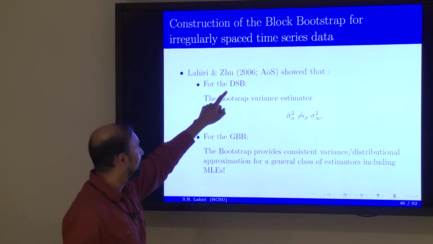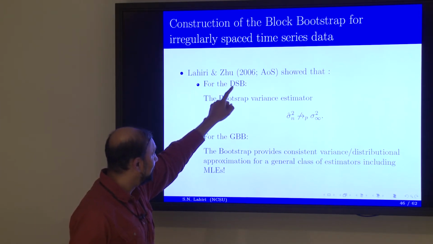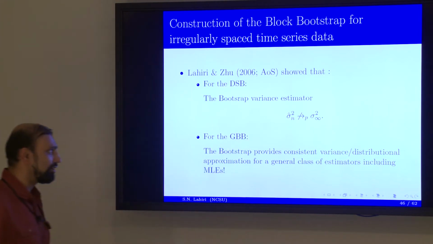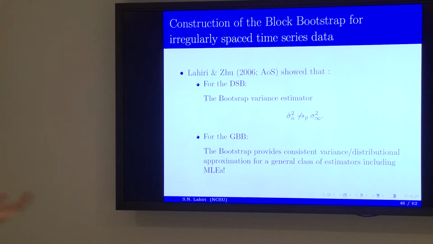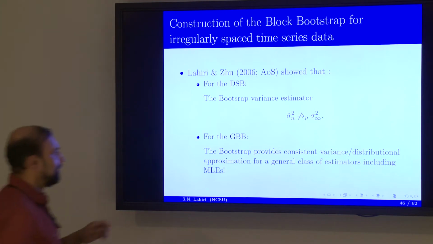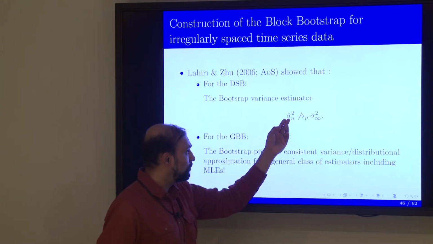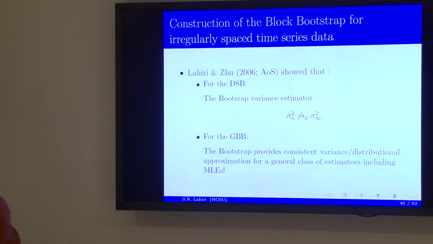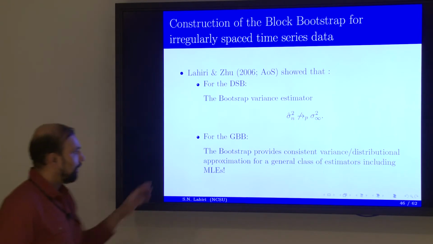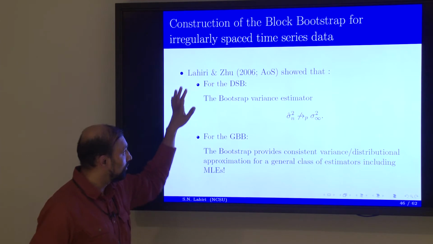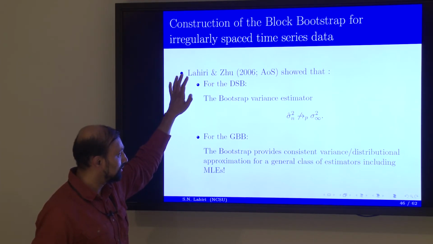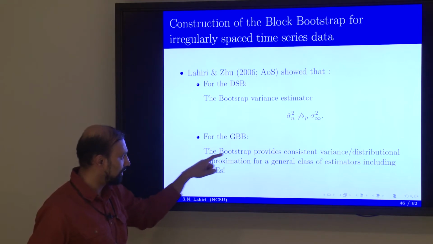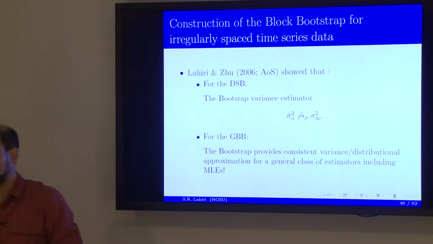So for data sites, shifted block bootstrap, if you look at the estimate of the variance, look at the sample mean, for example, and compute the corresponding bootstrap variance, it does not go to where it should go. You can prove that. And for GBB, that's a paper with Zhu that shows that it does whatever you want the bootstrap to do.